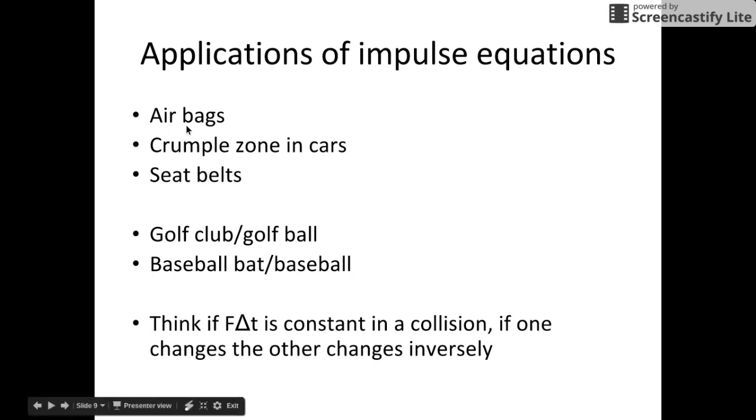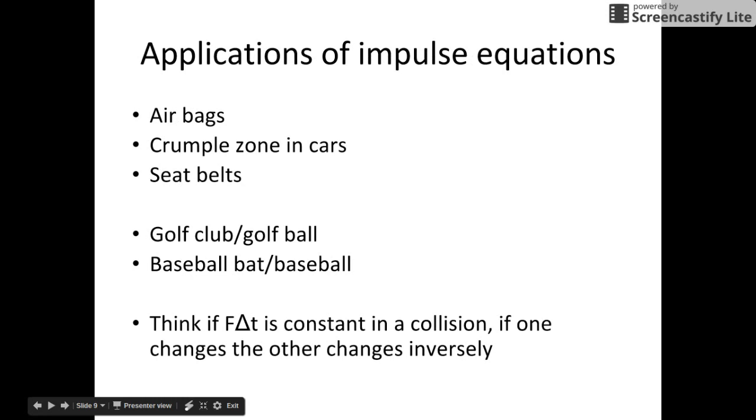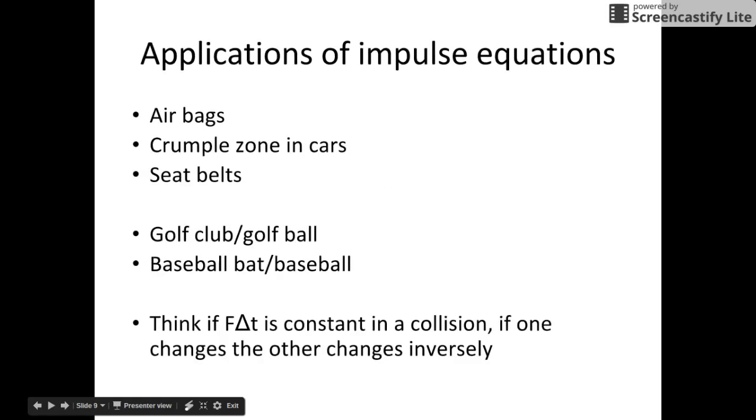Impulse stays the same, and since the airbag absorbs some of that time, meaning when you go into the airbag versus the windshield or the dashboard, there's a lot more time that you're able to slow down, which means the force is less because impulse is the same. Your change in momentum is still the same, but it's over a longer period of time.